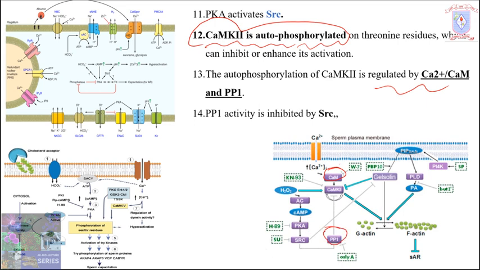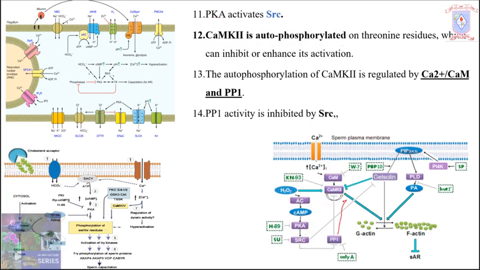So this PP1 protein is inhibited by this SRC protein. So actually the SRC protein is activated by the action of CaMKII, isn't it? How? CaMKII activates adenyl cyclase, and H2O2 also activates adenyl cyclase, and adenyl cyclase activates cAMP production, and cAMP activates PKA, PKA activates SRC, but the SRC inhibits PP1.